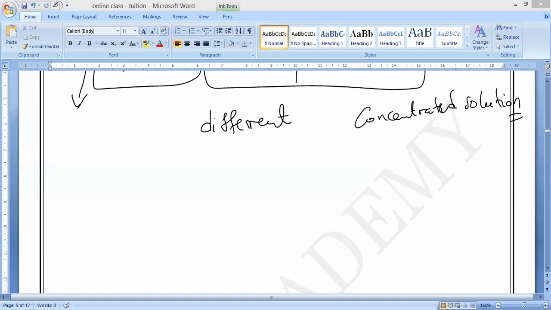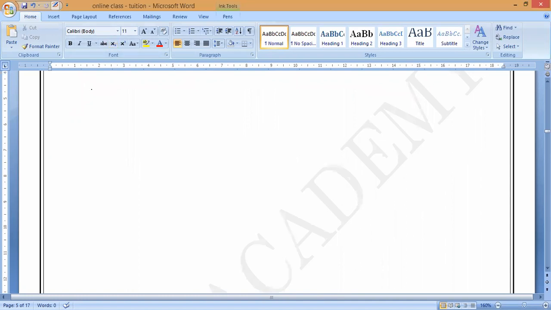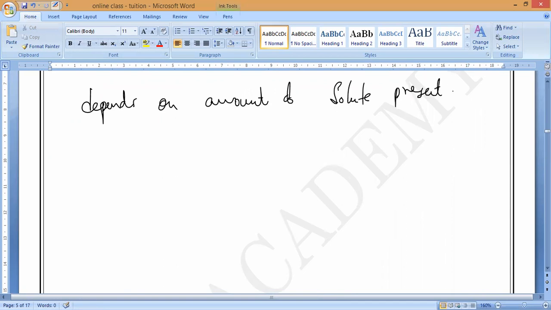So depending upon the amount of solute present, the solutions can be classified into two groups. Write it, all of you: depends on the amount of solute present in solution.